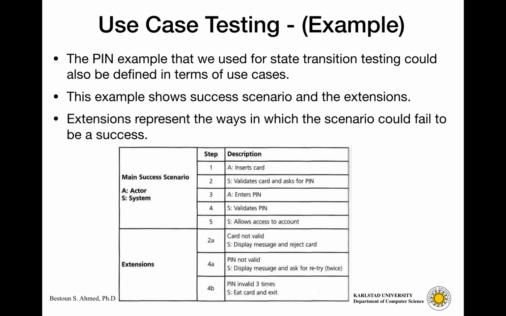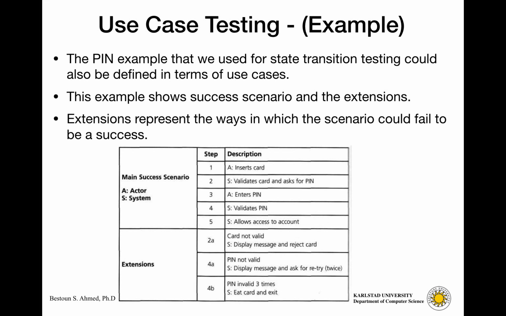So you have the pass and fail scenarios, and the fail, sometimes we say extension. And main scenario from the actor's perspective and from the system perspective also. So from the actor perspective, the user will insert the card, and then the system will respond to the user. So that is very important.